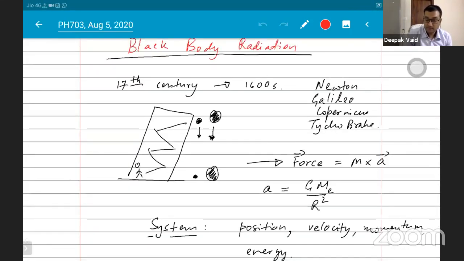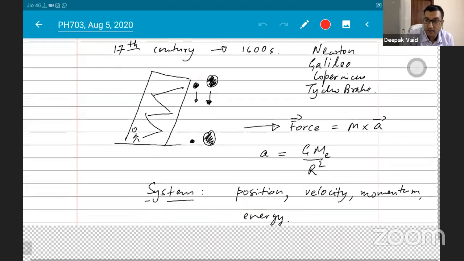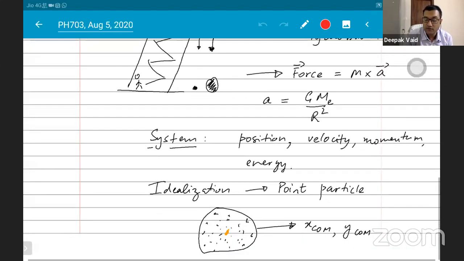Well, the history of modern physics, as we understand it, starts with Newton and his predecessors, Galileo, Copernicus, Tycho Brahe, who were trying to give some sort of a description for the behavior of physical systems.